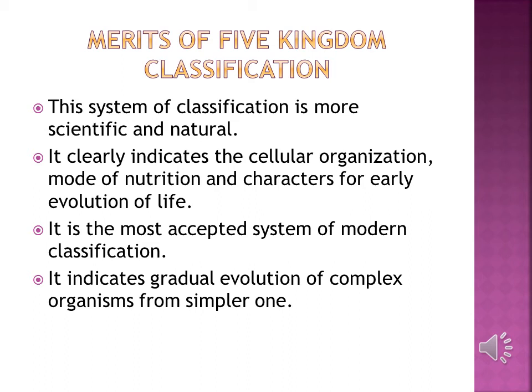Autotrophs and heterotrophs are placed in separate groups. 5 kingdom classification is more natural than 2 kingdom classification. It is based on biocomposition and mode of nutrition, thus it shows a series of evolution. These are some merits of 5 kingdom classification.